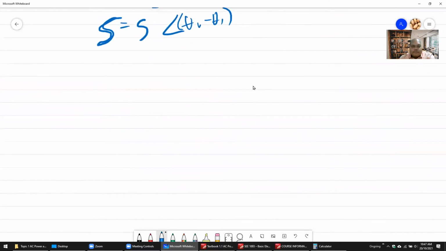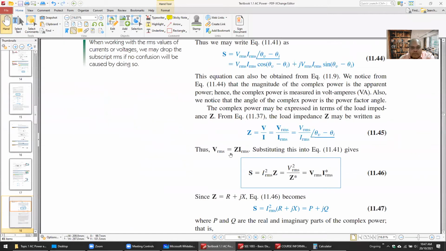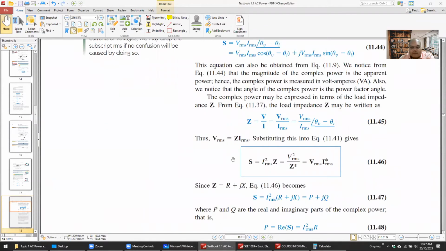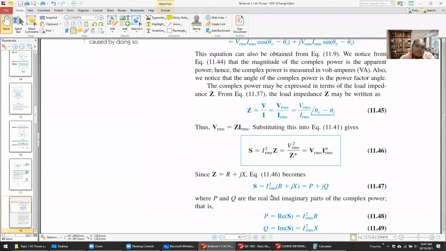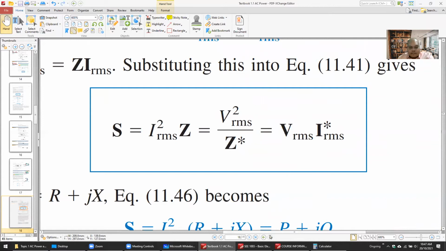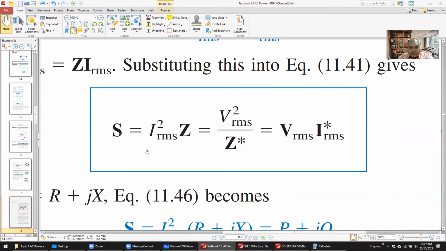Next, you can get this from the textbook, page 474 or page 18 in the PDF. This formula is important and you have to memorize it. I already showed you V RMS times I RMS conjugate.